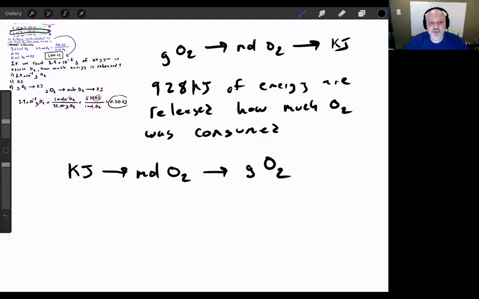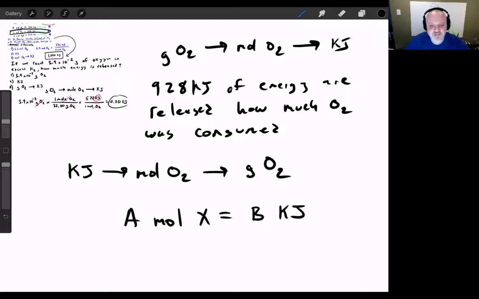Yeah, so when the energy is given to you, it will be given to you with the units kilojoules per mole. And that's what gets confusing. What the kilojoules per mole does is it helps you establish a relationship between the balanced chemical equation, the stoichiometry, and the amount of energy.